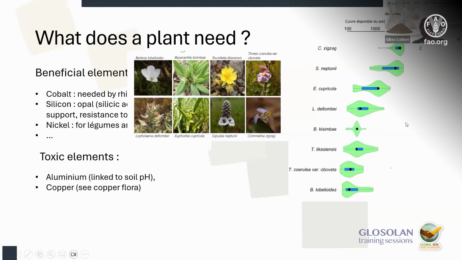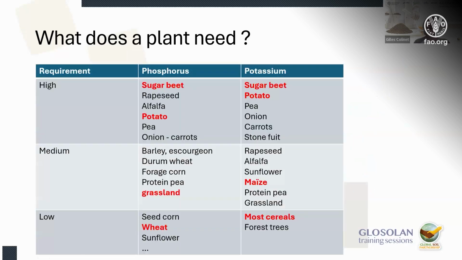According to the level of contamination, you can try to have success with different kinds of plants in order to revegetate this area. So copper is an important, potentially toxic element for plants. That was about the characteristics of essentiality or non-essentiality, and toxicity.